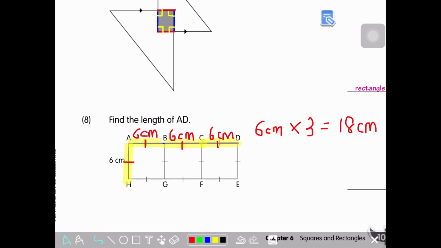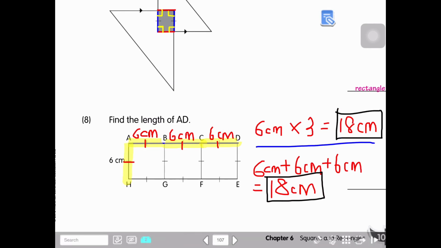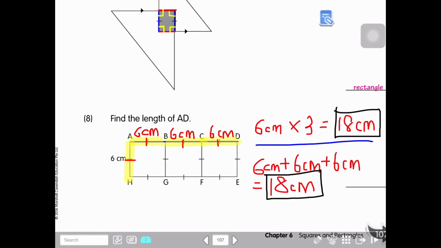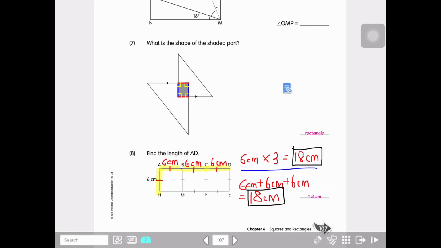Or you could take 6 cm plus 6 cm plus 6 cm, which is equals to 18 cm. Both equations will give you the same answer of 18 cm. So the length of AD is 18 cm.